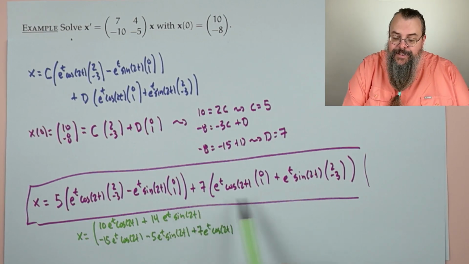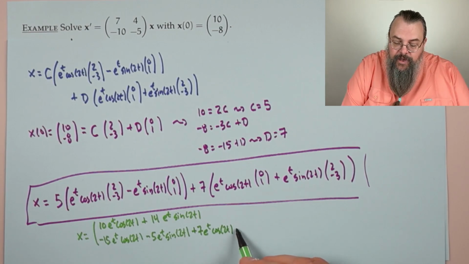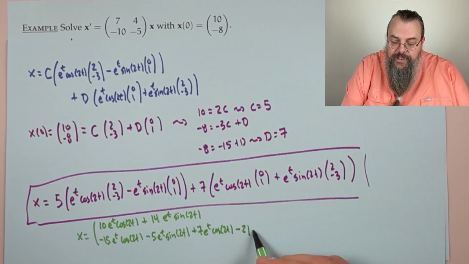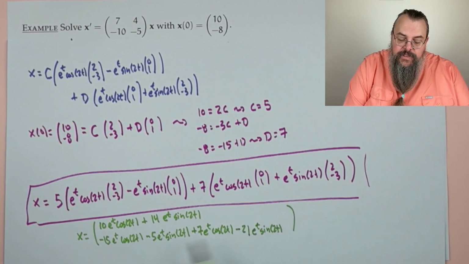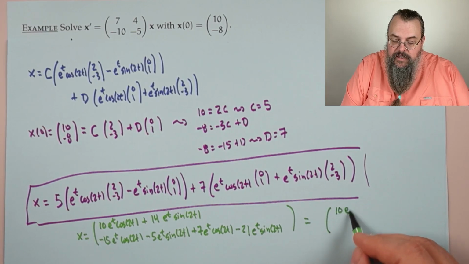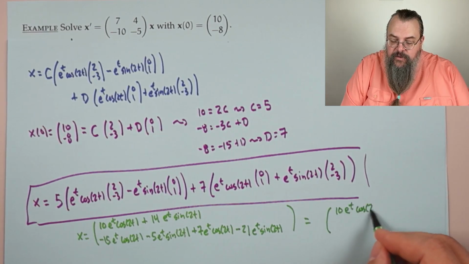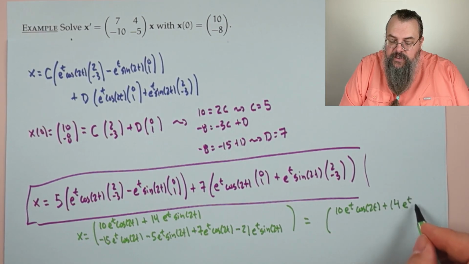Then 7 e to the t sine 2t times -3 makes -21 e to the t sine 2t. Now, there's not a lot you can do upstairs. So we have 10 e to the t cosine 2t plus 14 e to the t sine of 2t.